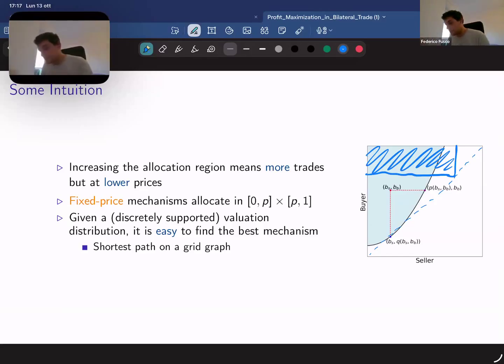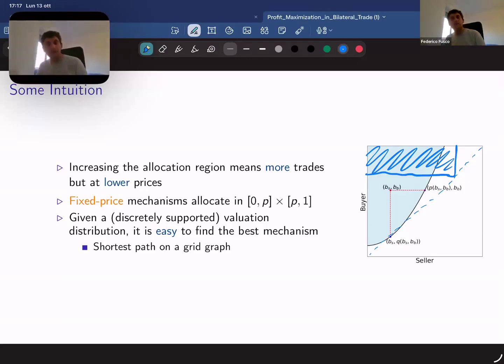And let me mention something that kind of motivates why profit was not so much studied in the Bayesian setting. The fact is that once I give you the distribution, then I can compute the optimal mechanism, the profit maximizing mechanism, by solving a nice LP.